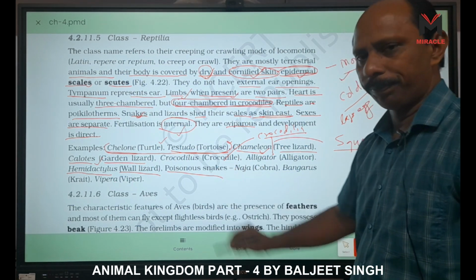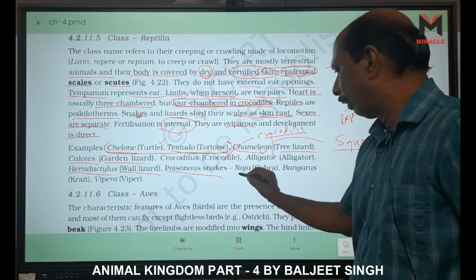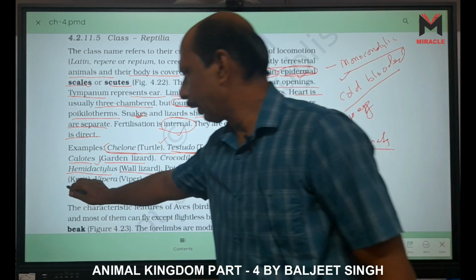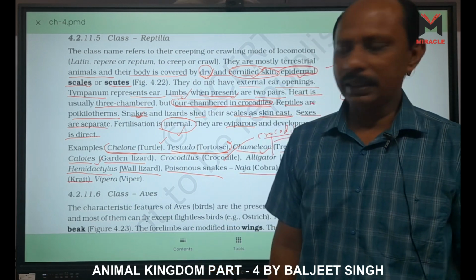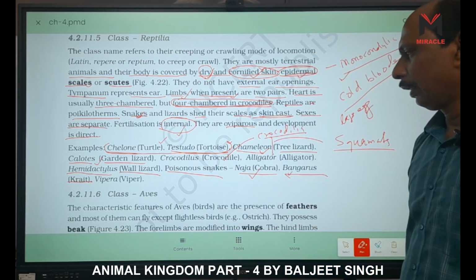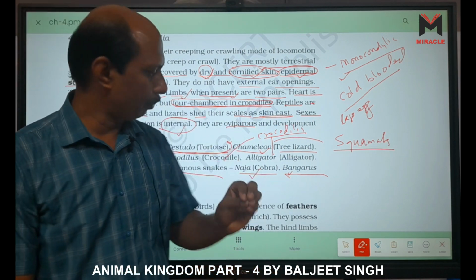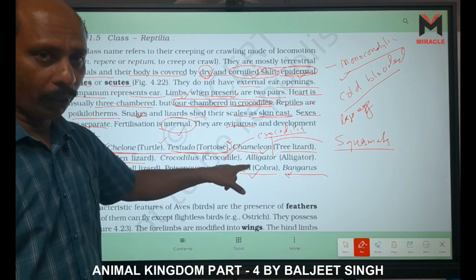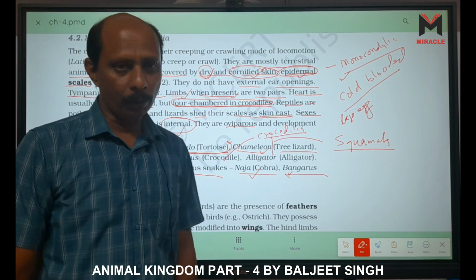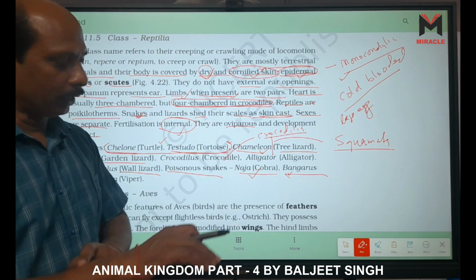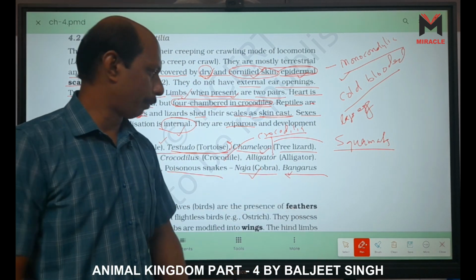Naja, cobra, Bungarus, Krait, is ten times more poisonous than Naja, right? But the maximum quantity of poison injected is in the case of Naja, cobra, king cobra.